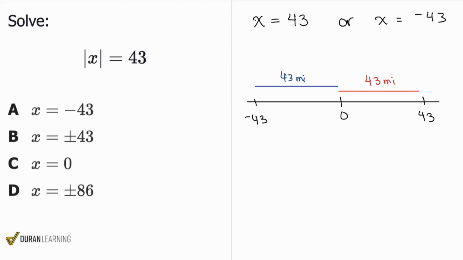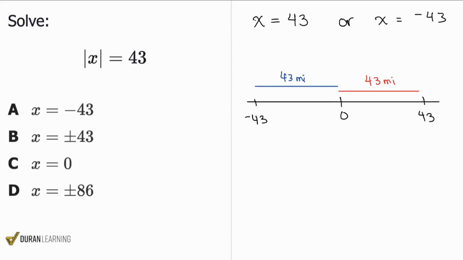You're not going to say that, hey, the grocery store is a mile north, and then my school is -1 miles south. That makes no sense, right? That makes no sense coming out of my mouth. And that's how you want to think about it. Absolute value measures distance. You can have the distance from 0 to negative 43 be the same as the distance from 0 to 43. Again, we're just taking the sign away.